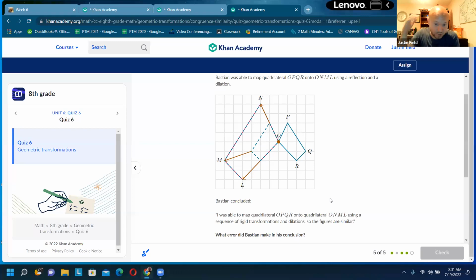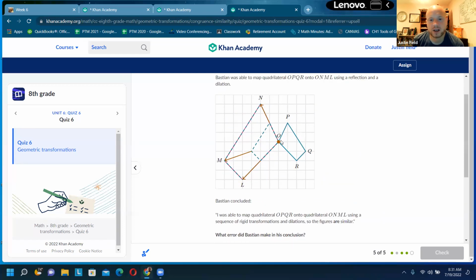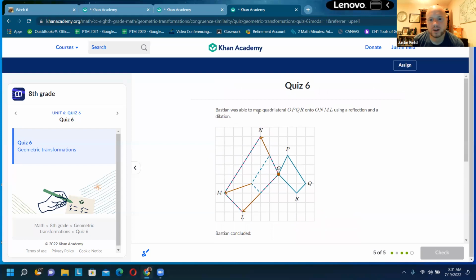So he says they're similar, and they look similar to me. We need to look at this little diagram to see what transformations he used. It looks like OPQR, this blue figure, is the pre-image.